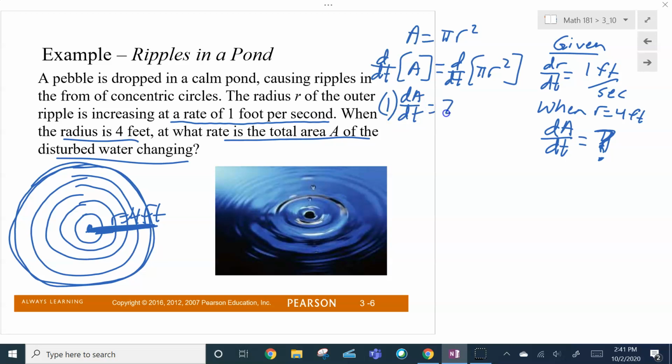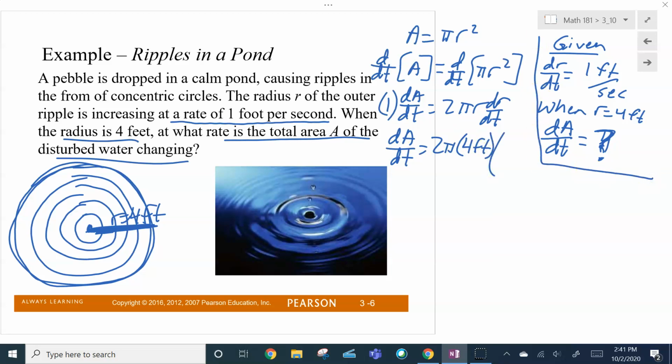Over here we get 2 pi r dr/dt. And we want to know, what's our dA/dt when our radius is 4 feet and our dr/dt is 1 foot per second? That's the rate at which the radius is changing.